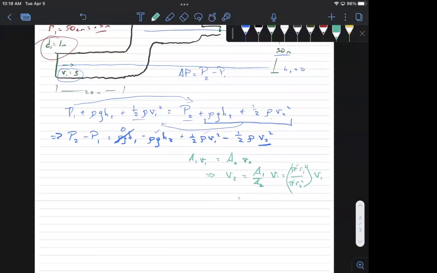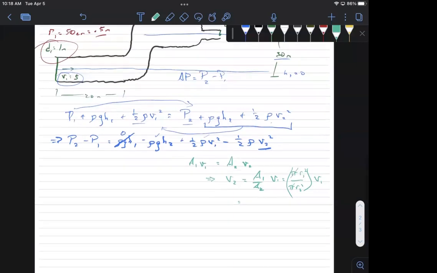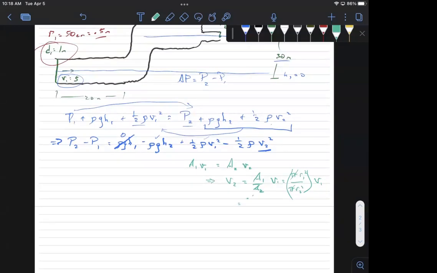The pi's cancel out and I have R1, which I know is 0.5. So 0.5 squared over R2, which is 0.1 squared times V1, which is 5. And I'm told this is 125 meters per second.